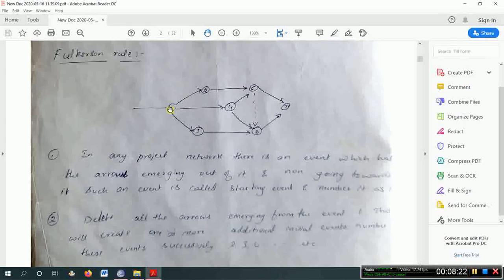You cannot number as per your wish. It must be in increasing order, from lower to higher, so it must not be like 4 to 3.